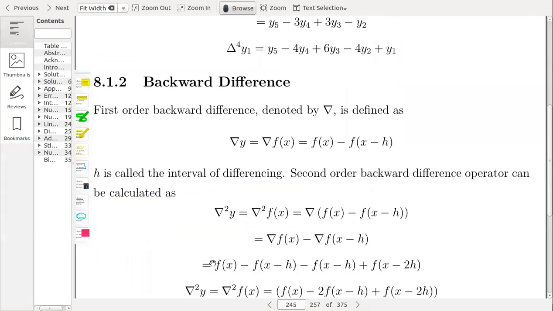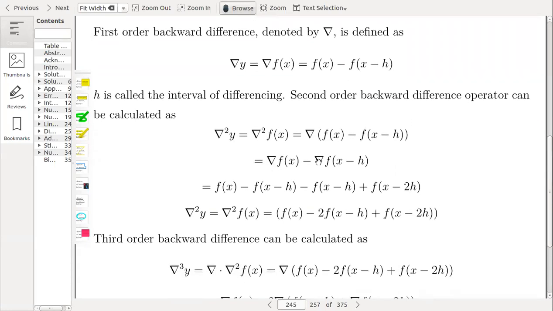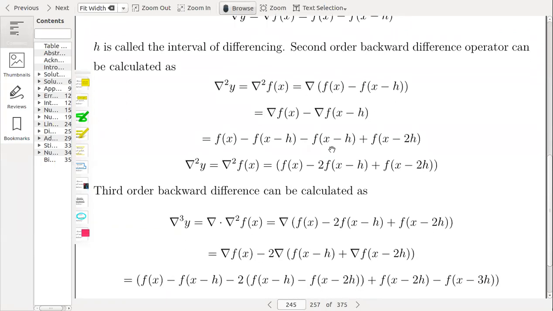Similarly, the backward differences. The first order backward difference, denoted by nabla, is defined as nabla f of x is equal to f of x minus f of x minus h, where h is called the interval of differencing. So the second order backward difference operator can be calculated as nabla square f of x is equal to nabla f of x minus nabla f of x minus h.